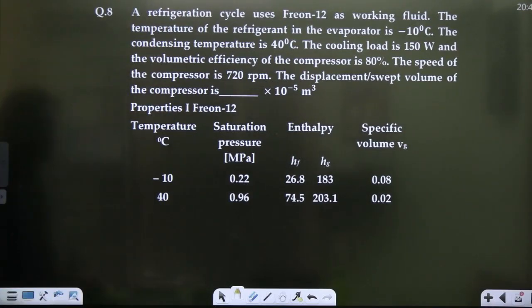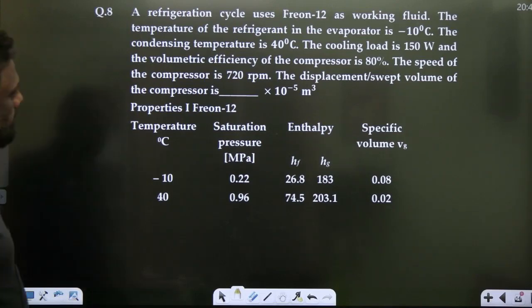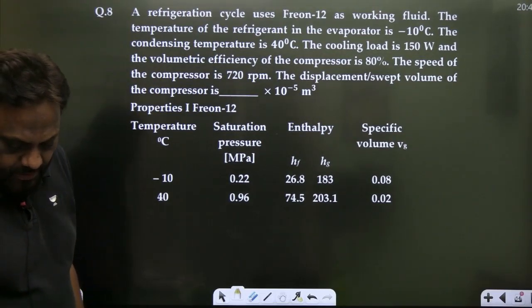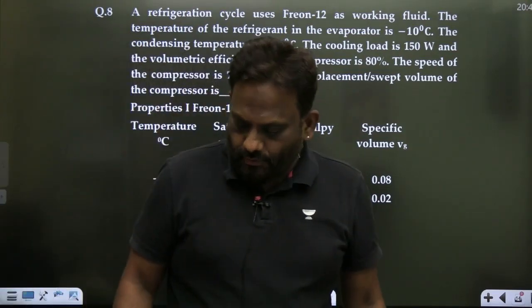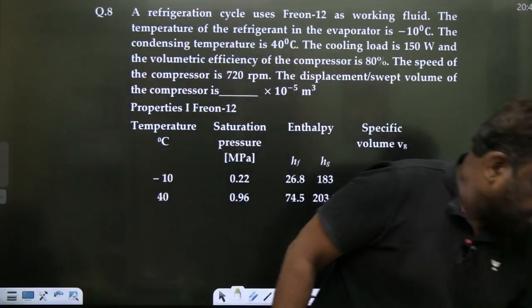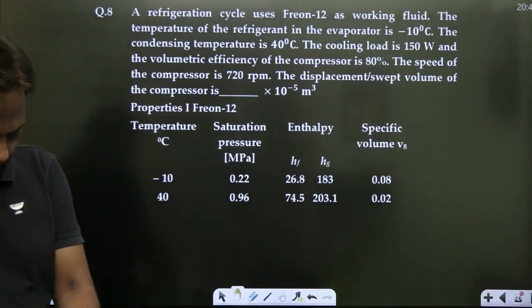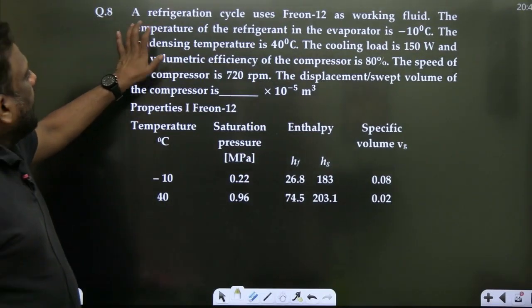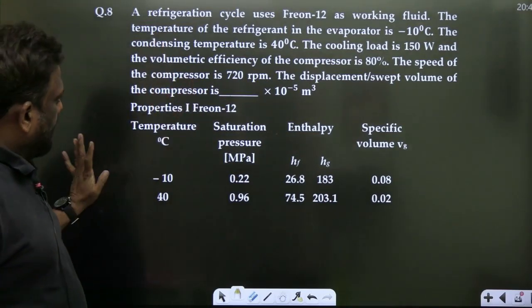It's a good question. Read the question. Let's complete this question. I don't have the value, I think I have to calculate. A refrigerating machine uses freon as a working fluid.